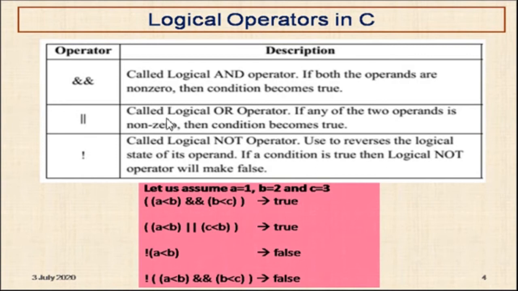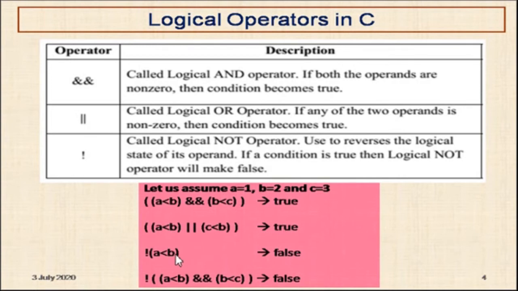Whereas the logical OR means, as the name implies, when either one of the conditions is satisfied, the output is true. Here for this example, A less than B is satisfied because 1 is less than 2. Then C less than B, that is 3 less than 2, is not satisfied. Condition 1 is satisfied, condition 2 is not. But since it is a logical OR operation, when either one of these two conditions is satisfied, the output is true. Since condition 1 is satisfied, the output is true.